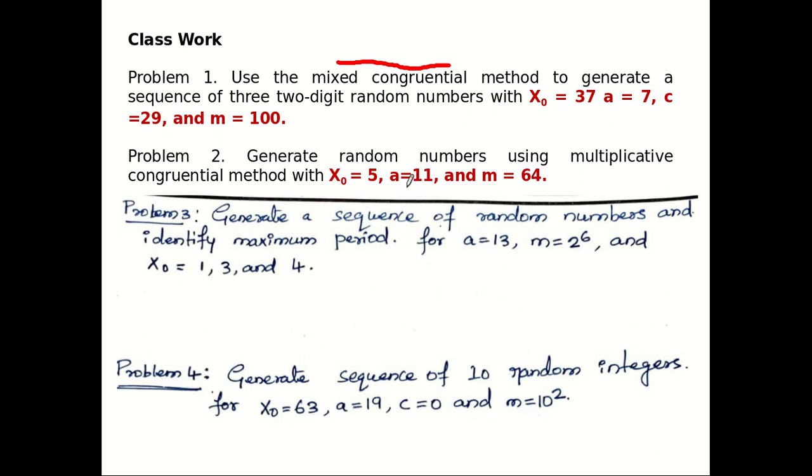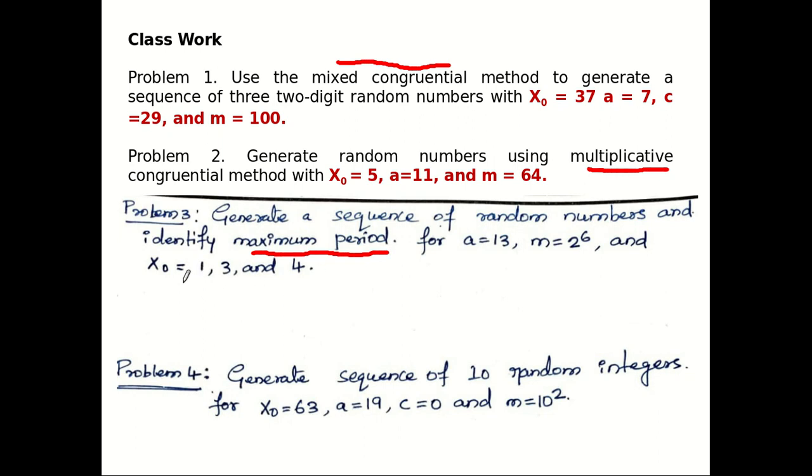Here you have to consider the multiplicative congruential method, generate a sequence of random numbers, and identify the maximum period. The maximum period is nothing but the length of the cycle. So you have to identify up to how many numbers until the same numbers start repeating.